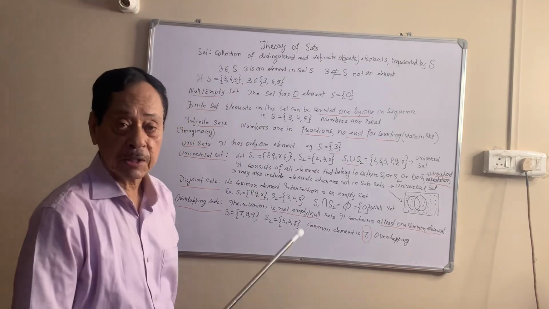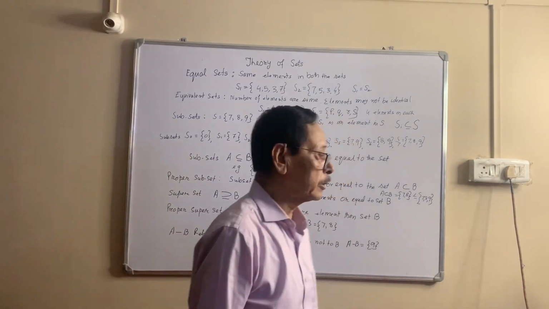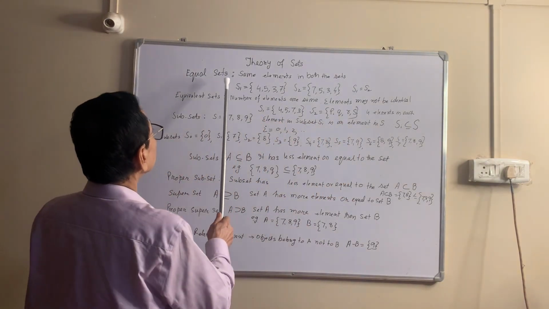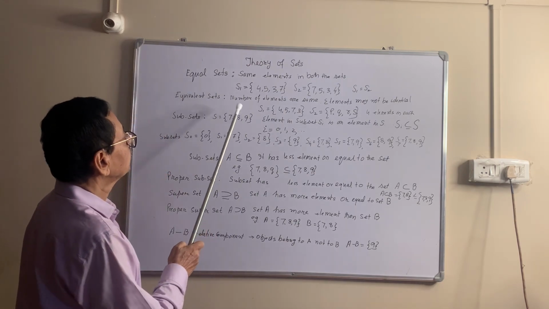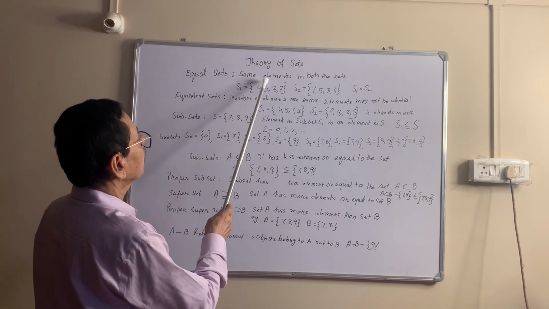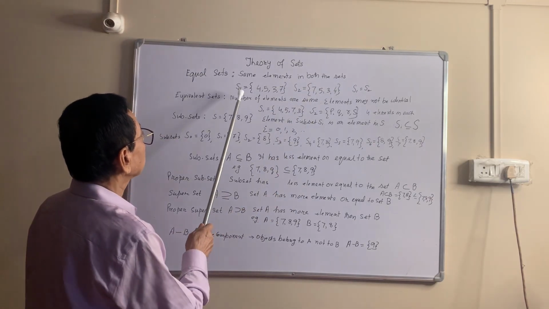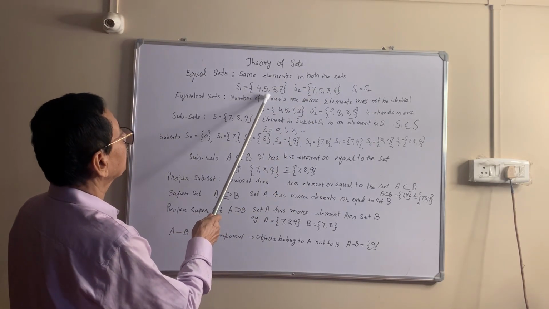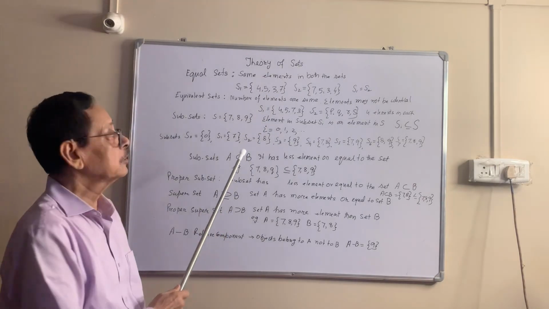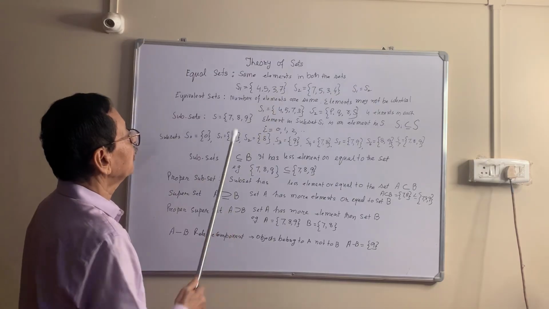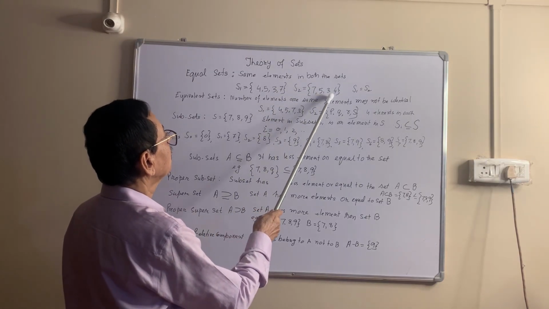Next is our equal sets. In equal sets, there are the same elements in both sets. S1 has the elements 4, 5, 3, 7, and S2 has the elements 7, 5, 3, 4.